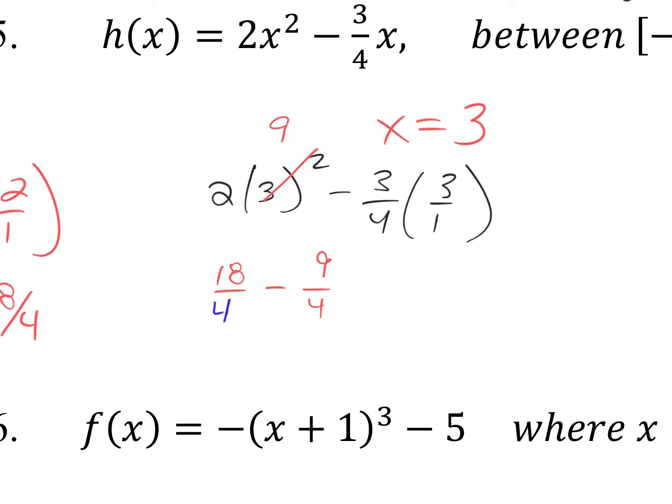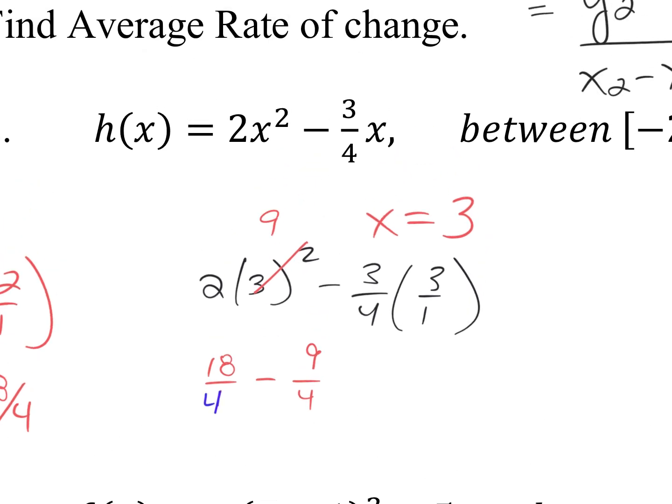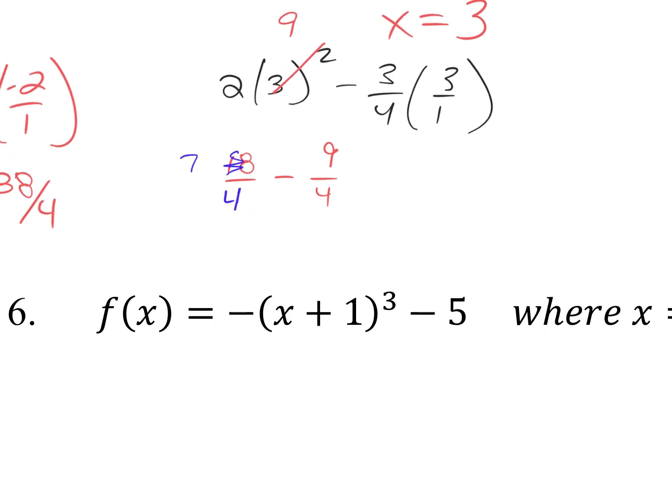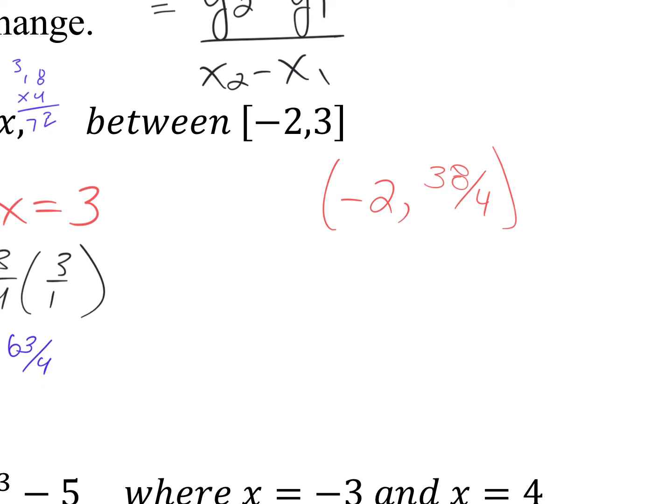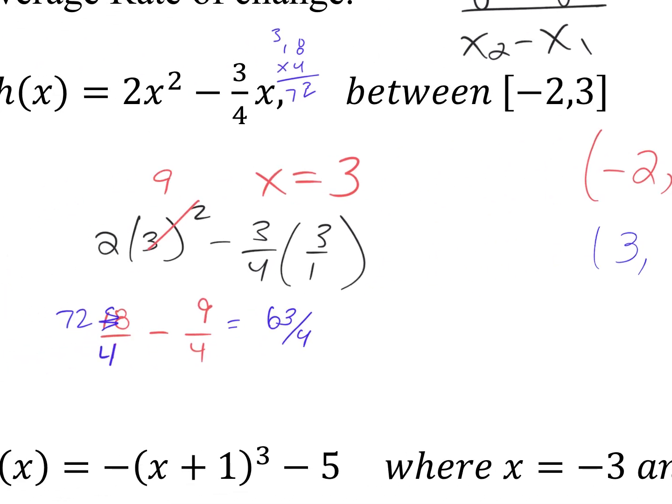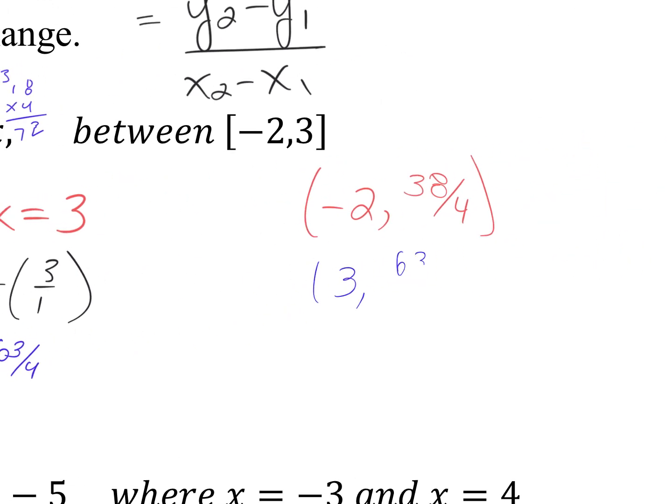If I multiply the top by 4, then I multiply the bottom by 4, vice versa. So 18 times 4 is 72. So 72 over 4. And then what's 72 minus 9? 63 over 4. So in this case, when I plugged in 3, I got out 63 over 4.